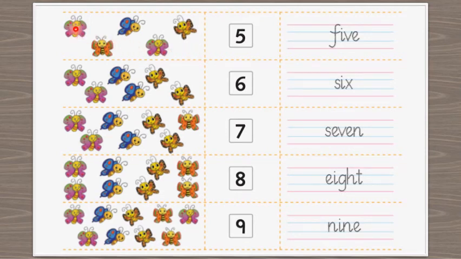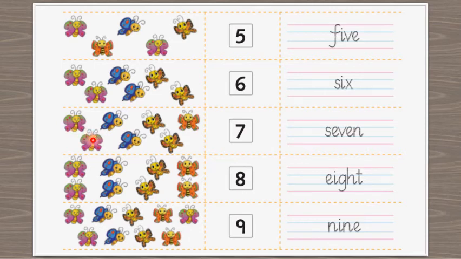Here we have 1, 2, 3, 4, 5 butterflies. This is number 5. Number name is FIVE. Here we have 1, 2, 3, 4, 5, 6 butterflies. This is number 6. Number name is SIX.